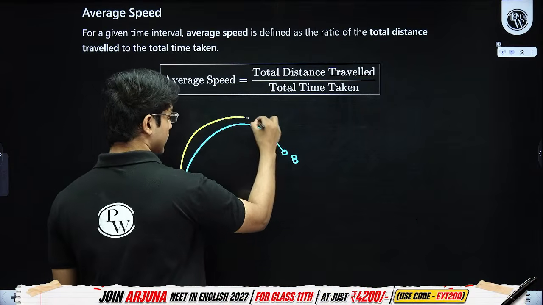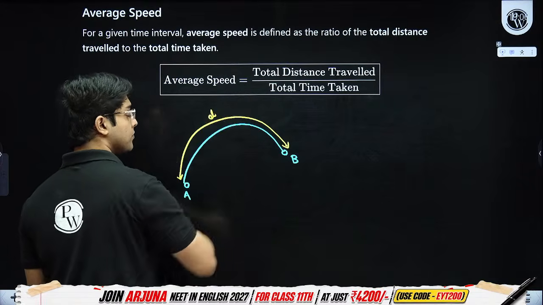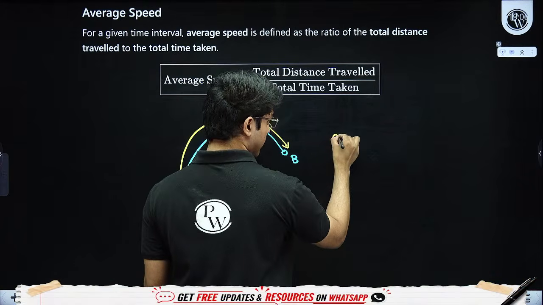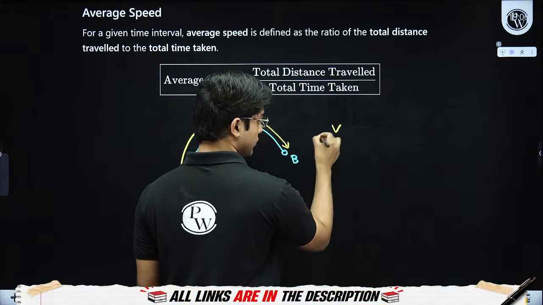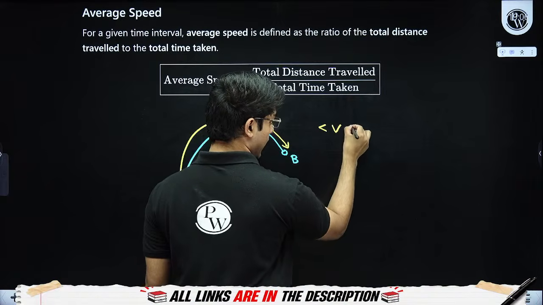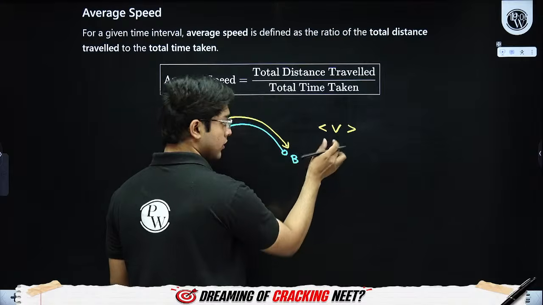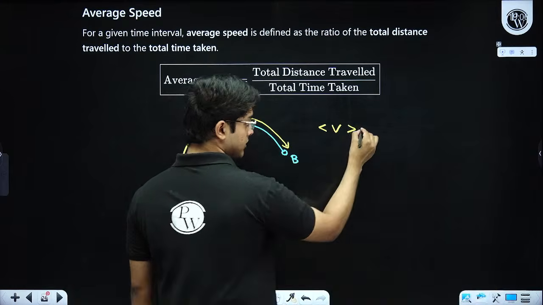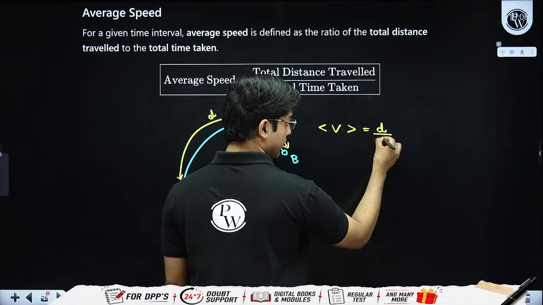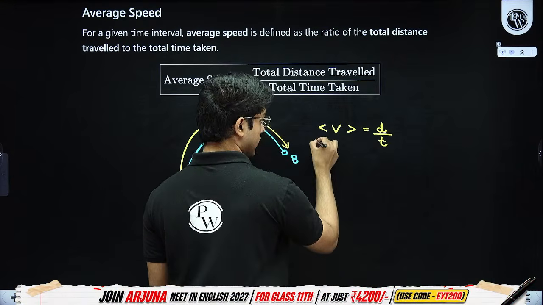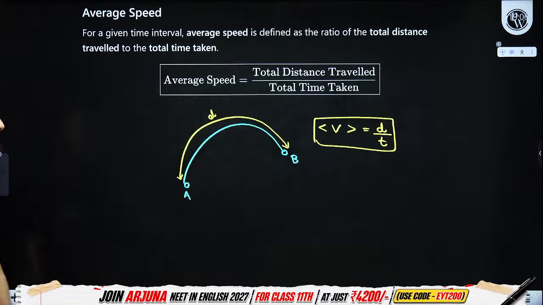If the distance covered from A to B is equal to d, the way to denote the average speed is V, the symbol used for speed, inside 2 brackets like this. The brackets stand for average. So average speed is nothing but the distance traveled in the journey divided by the time taken in the journey.